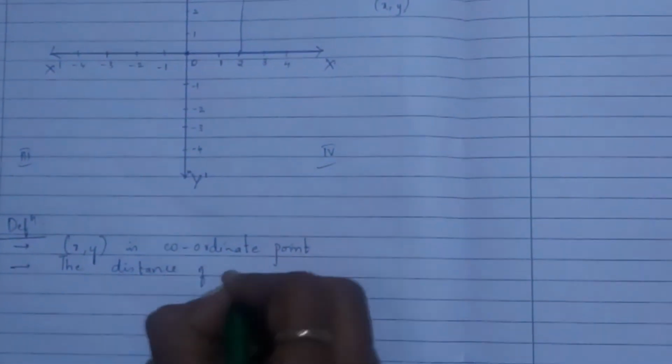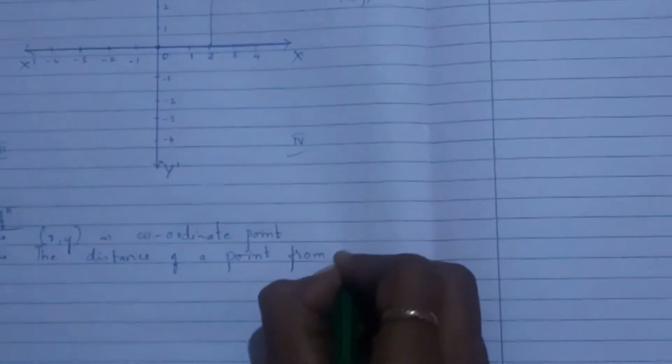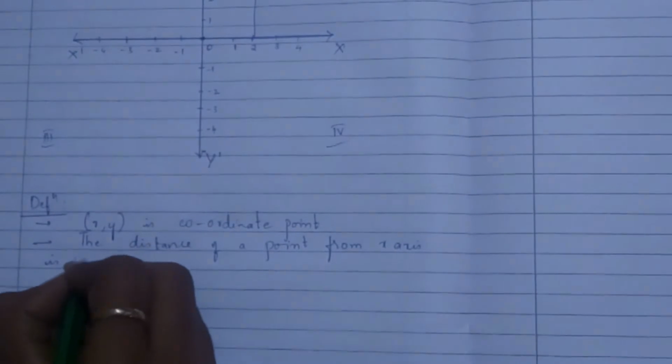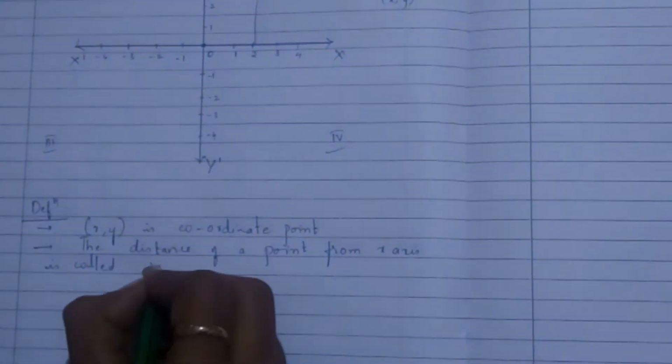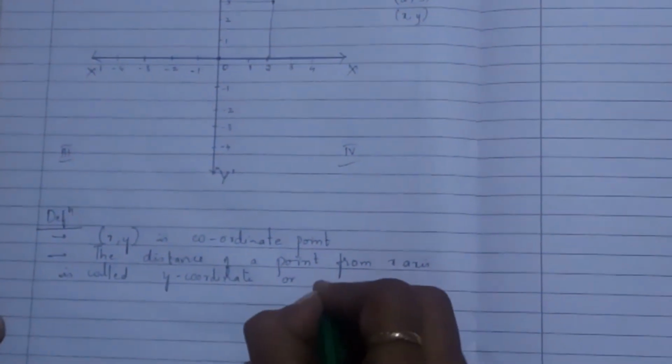The distance of a point from the x-axis is called the y-coordinate, or ordinate.